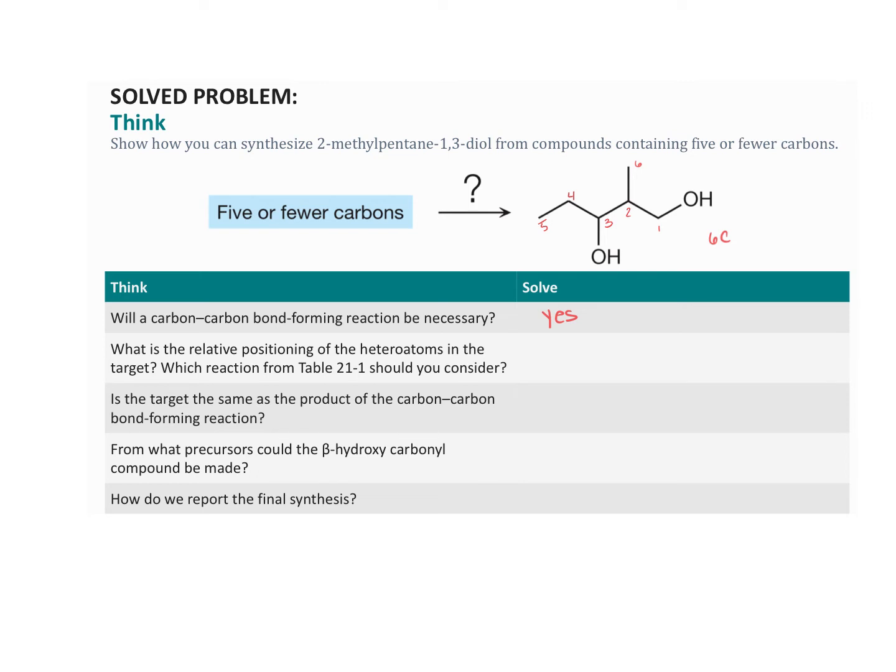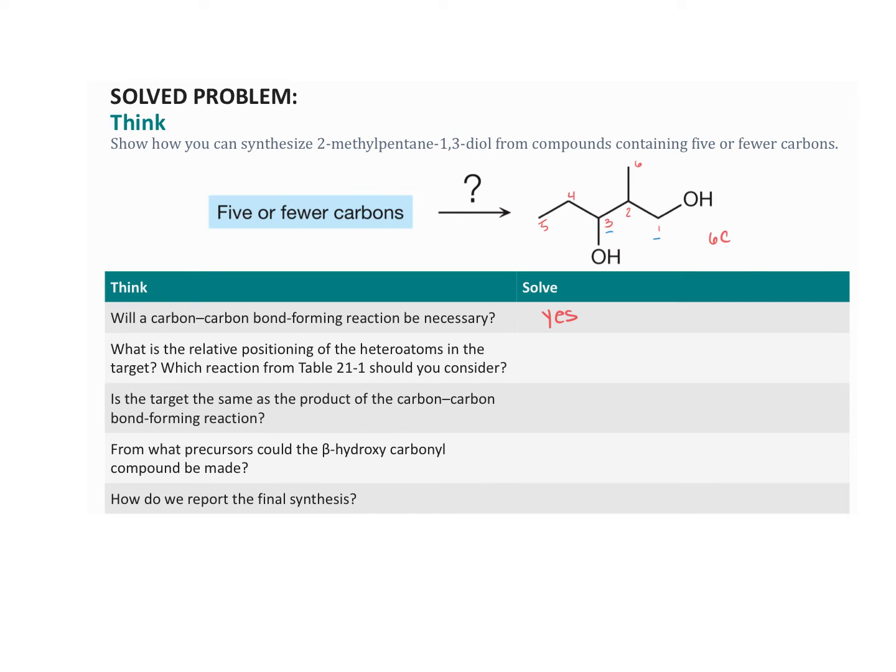Then, what's the relative position of the heteroatoms in the target? So we notice that this target has heteroatoms, right? We have 2 OH groups here. And what we also notice is these are in the 1 and the 3 positioning, relative to each other.